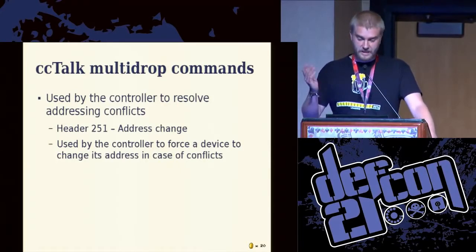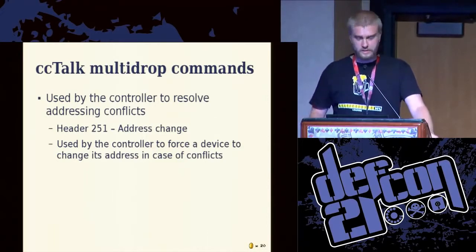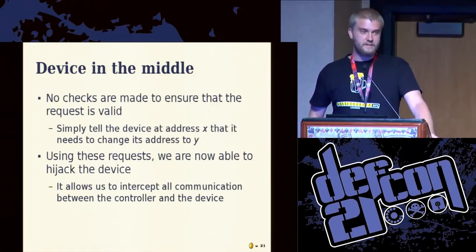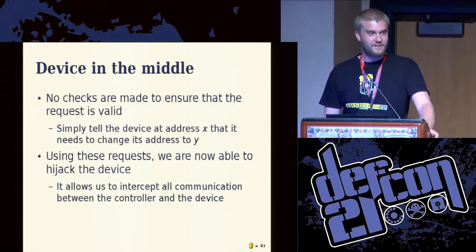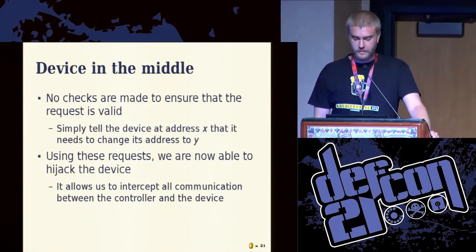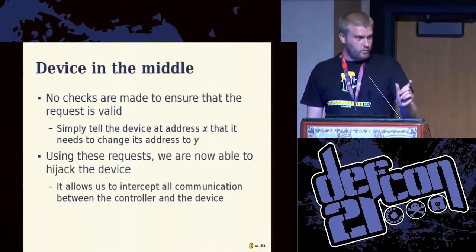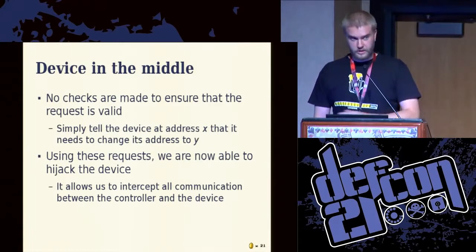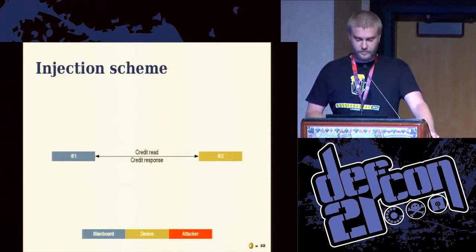You just send that packet, and the device will say, okay, fine, now my new address is the one you sent. And what is great is there are absolutely no checks made on the device or on the main board that I tested. So you can just connect to the bus and send one little packet to tell the device to change its address, and then you get its address.